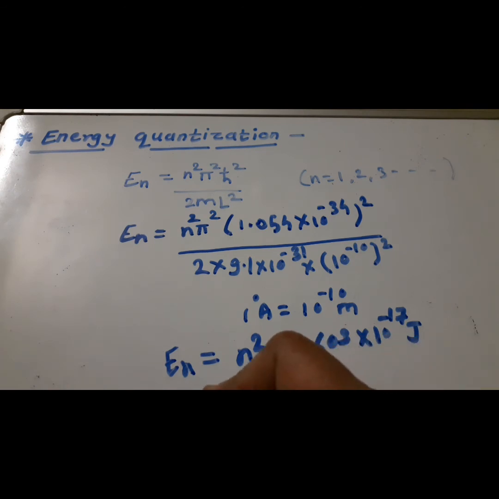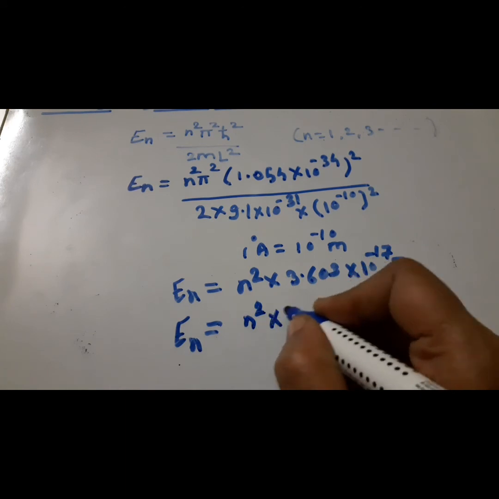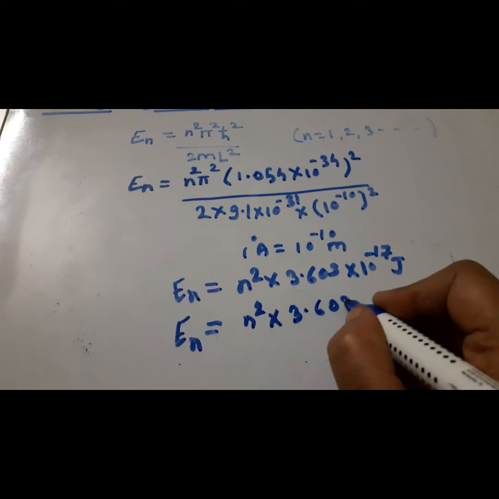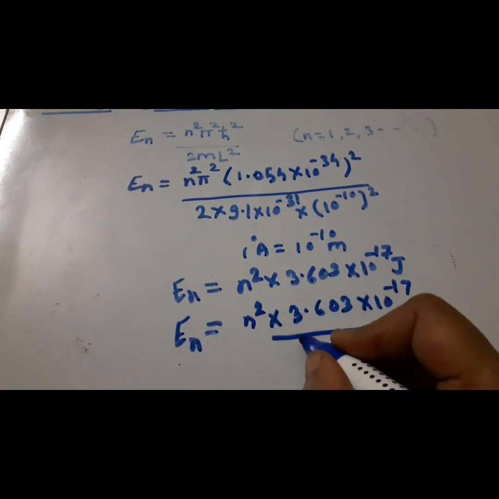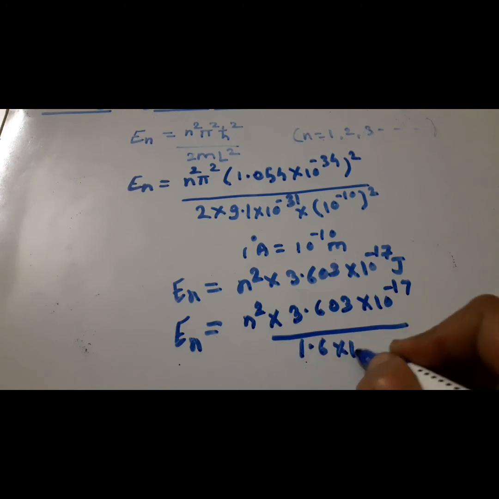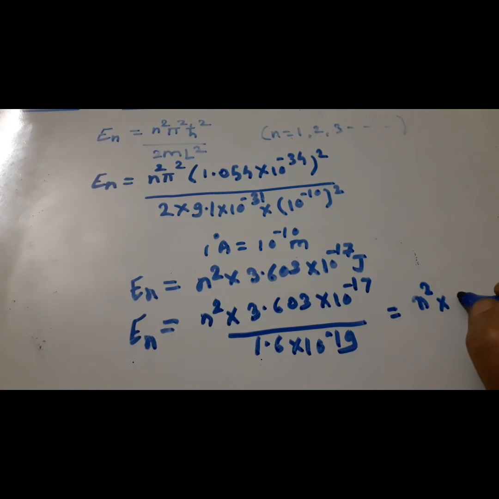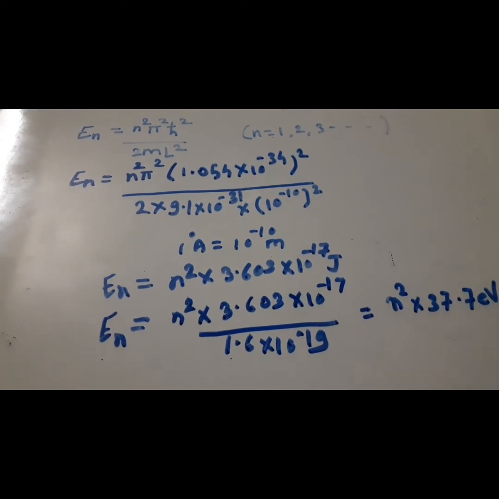Then we can write En is equal to n squared into 3.603 x 10^-17 divided by 1.6 x 10^-19, which is equal to n squared into 37.7 electron volt.